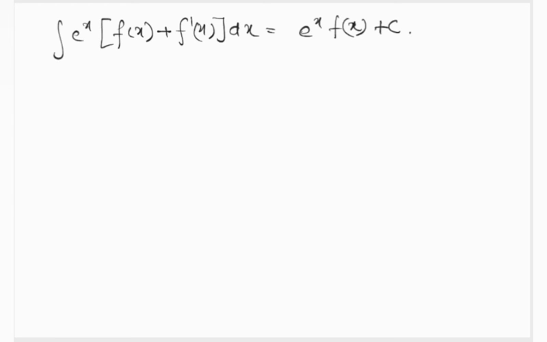Now if you integrate e to power x multiplied with some function f of x plus f dash of x dx, then this will give you e to the power x f of x plus c.